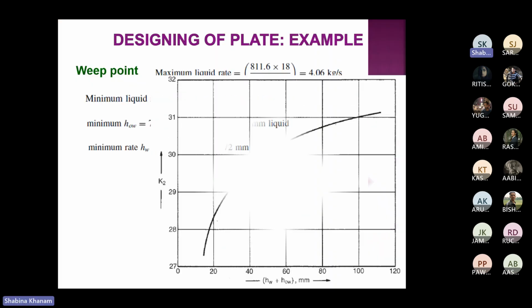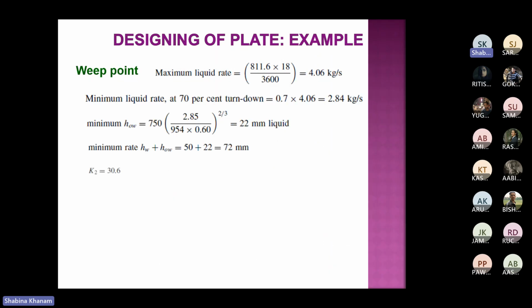Yes, so in this way you can find out HW and HOW, and you can see the value of K2. And this K2 will be required, which is coming as 30.6.